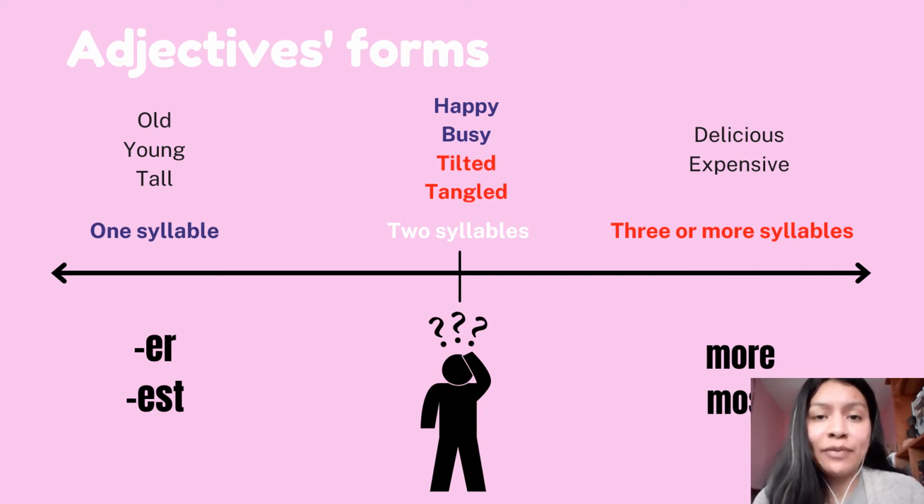For example, happy and busy are part of the one-syllable group, meaning that if you use them in comparative or superlative forms, they should have this ending, like happier or happiest. And tilted is part of the group of three or more syllables, even though it has two syllables. So keep that in mind when you are using comparative or superlative adjectives.